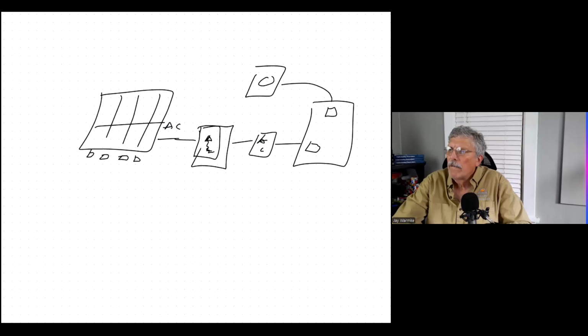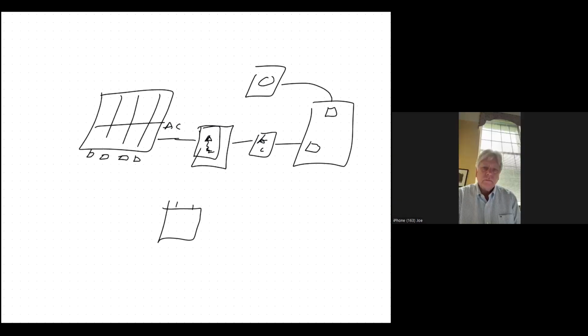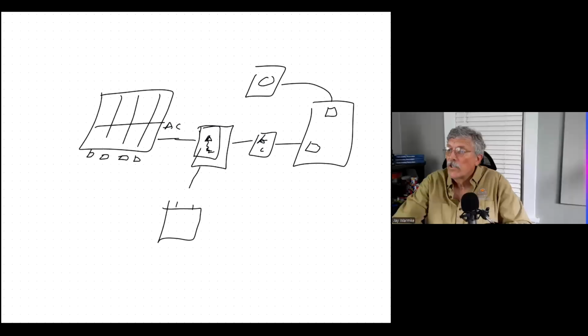Now, if I want to put in batteries here, well, it's AC electricity, so it's got to go into a conversion from AC to DC. And then coming back out, it's got to go from DC to AC and then go back out here. So any power coming from your battery has now gone through three different conversions.